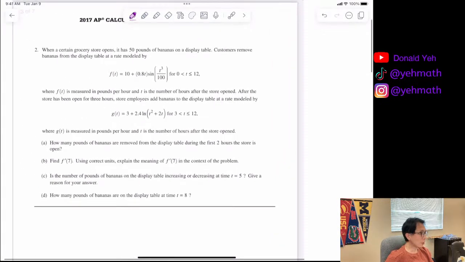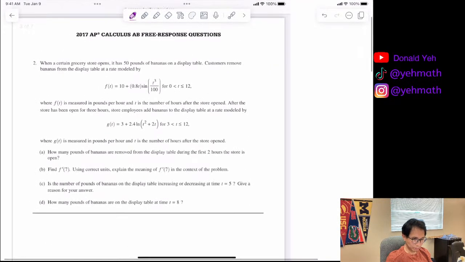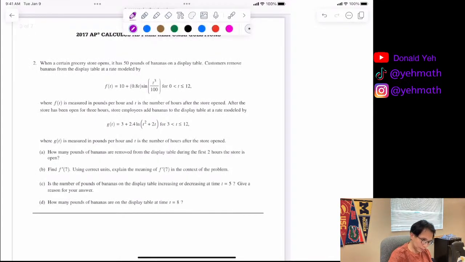Okay, I'm going to explain what happened here. Most of the time, when a certain grocery, we're going to say this is Publix, opens, it has 50 pounds of banana on display on the table.